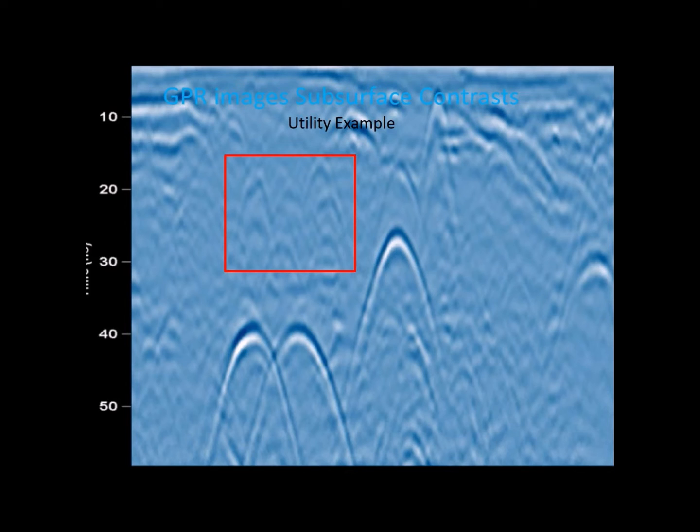But if I was looking for a utility that might be subtle, a fiber optic line, a non-metallic water line in a wet soil, or a non-metallic gas line in a dry soil, I should take a second look at these hyperbolas and collect more information to see if I see them again on parallel lines. If so, this would mean that they form linear objects, and this usually indicates a utility.